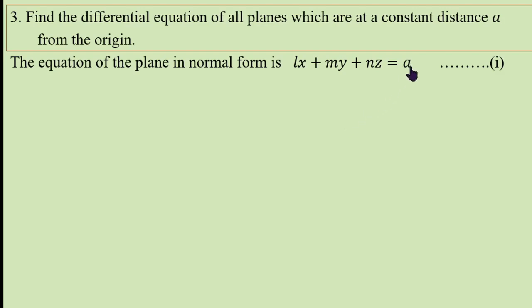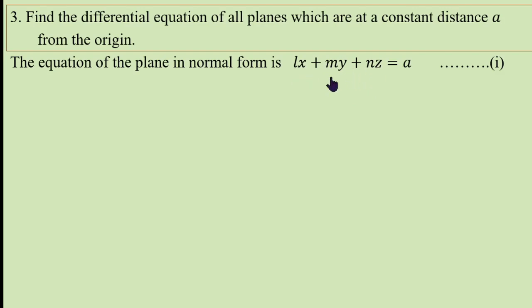So here the constant distance a, that means here l, m, n are various arbitrary constants. As l, m, n vary, you will get different planes with the distance from origin a. And we know that l, m, n are direction cosines of the normal to the plane.